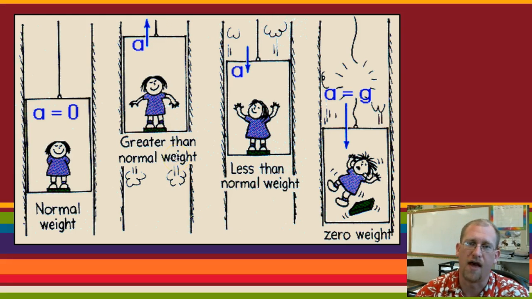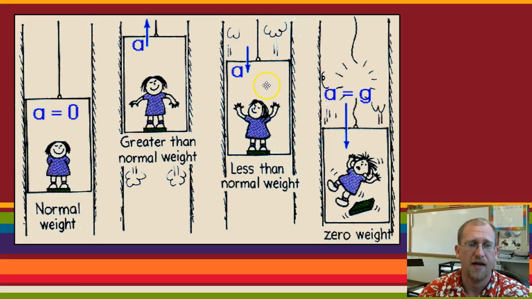And the reason for that is because her body is resisting the upward motion, and you can think of it as if she squeezes the scale a little bit more than normal while it's accelerating, okay? The elevator is having to change her momentum, and so the inertia of her body is pushing down on the scale more than just her weight.